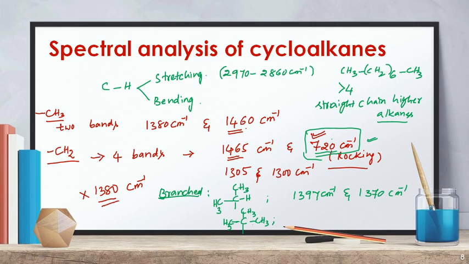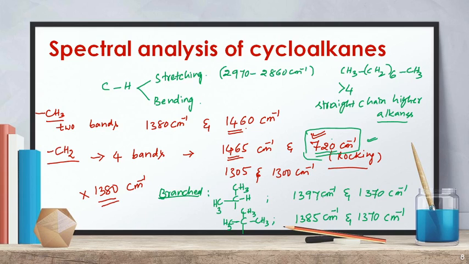The presence of a tertiary butyl group in your compound will also give two absorption bands, near 1385 cm⁻¹, and the other is constant at 1370 cm⁻¹.